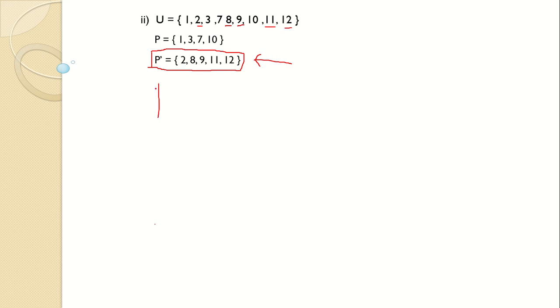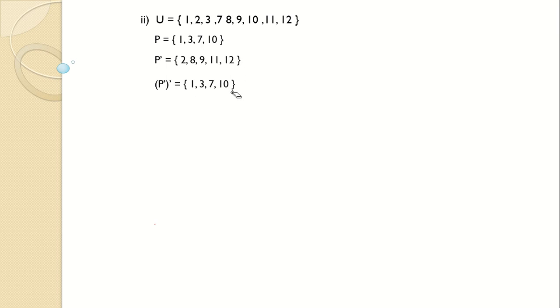Now you have to find the complement of P complement. So remaining elements 1, 3, 7, 10. 1, 3, 7, 10 is P. So hence we have proved P complement is equal to P. You can see here 1, 3, 7, 10, 1, 3, 7, 10.